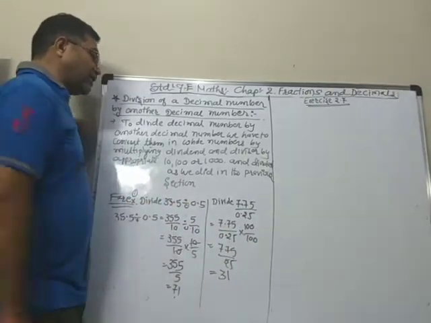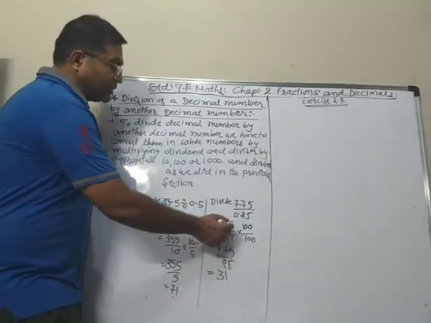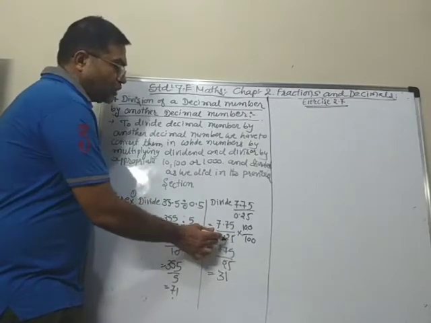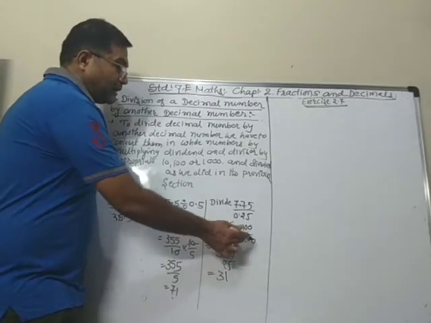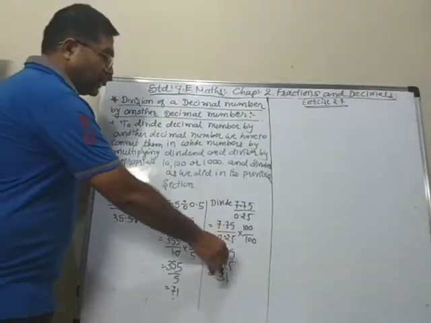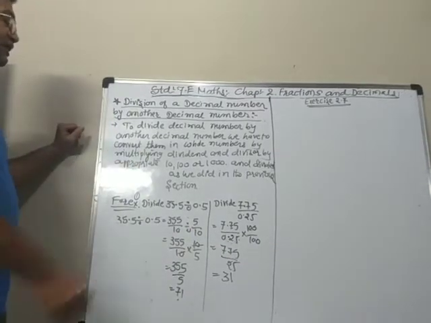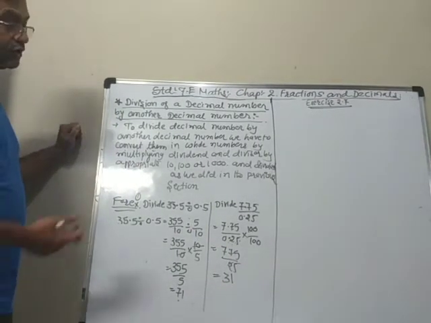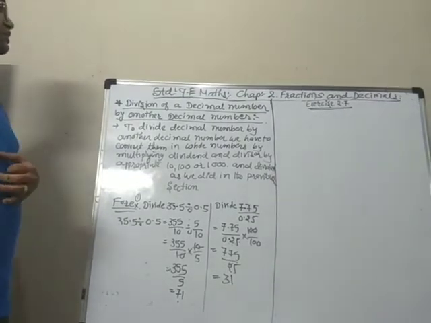So 7.75 multiplied by 100 is 775, and 0.25 multiplied by 100 is 25. When we divide 775 by 25, you get the answer 31.